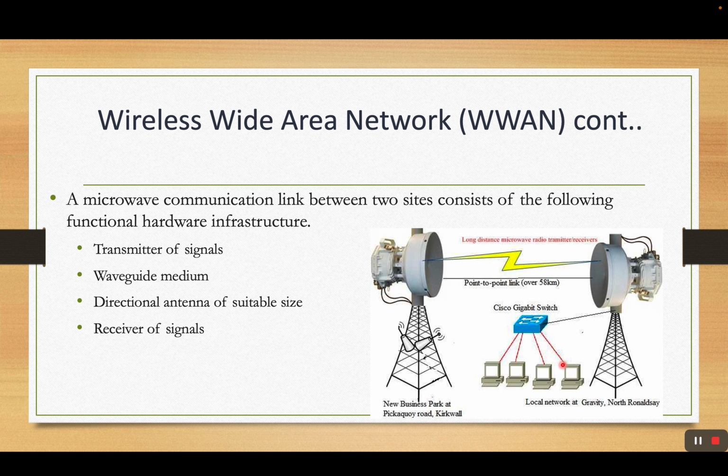Now, quite frankly, microwave communication is being gradually replaced by the fiber technologies, which offer much better benefits than the microwave communication system. However, it's still being used when installing fiber cable is very costly or unrealistic in the remote areas of the countryside.